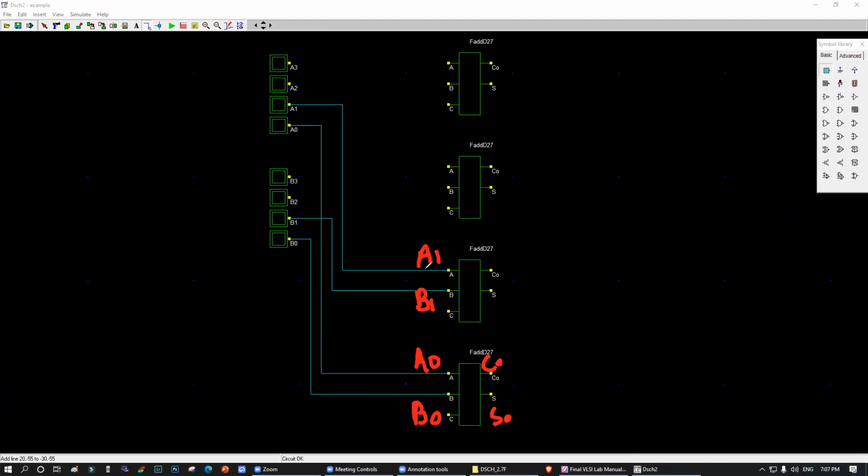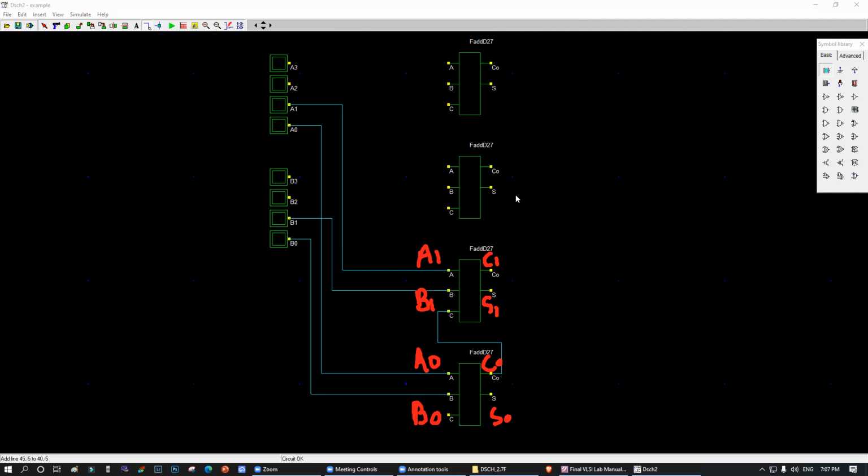C0 should go with A1 and B1. How? In this place. Understood? So let's connect the C0. Like that. Now, what are you going to get here? You are going to get C1 and S1.